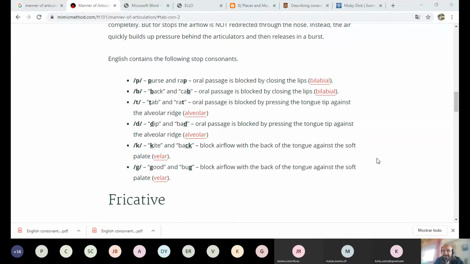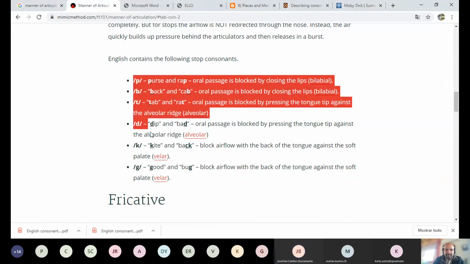Are you here, Javiera? She's not here. She's not because she doesn't have internet. Okay, thank you. Josefina, would you like to read this section, please?